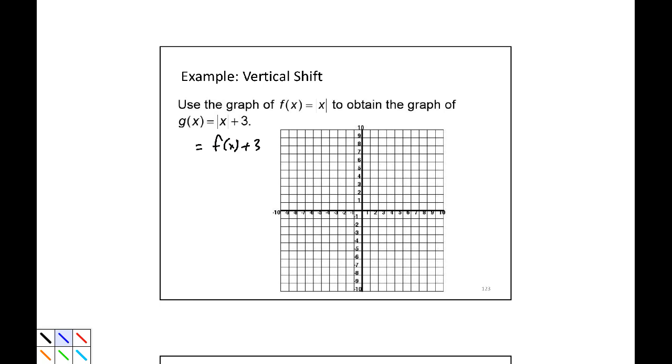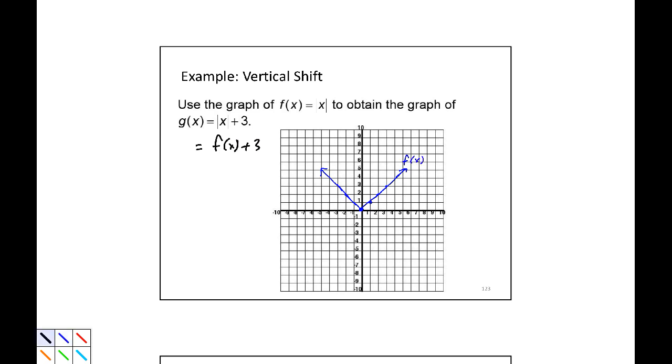Now, the absolute value of x, I'm going to see if I can draw this on here, has a V shape. Okay, that is the shape. I'm going to go ahead and sketch that here. That is not my answer. I want to graph g of x. That is my f of x function.